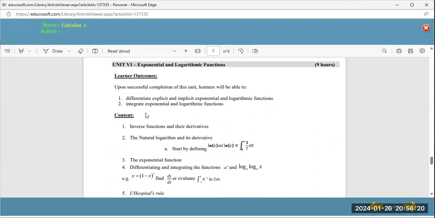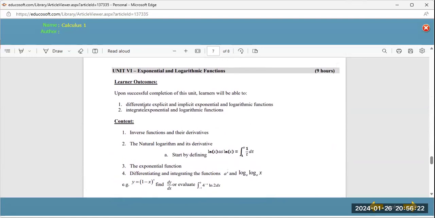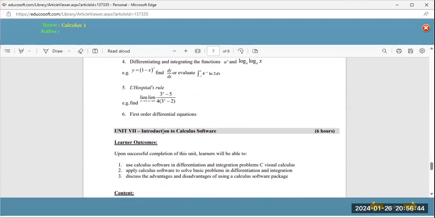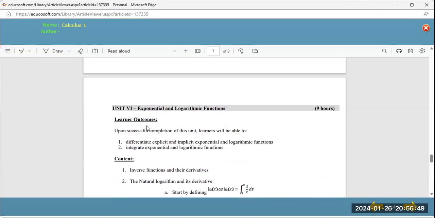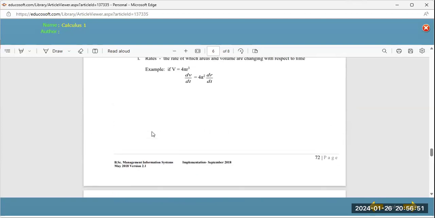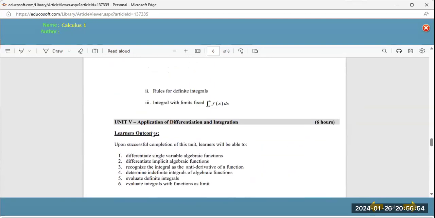But chances are, when I am doing differentiation and integration, because it says here differentiate explicit and implicit exponential and logarithmic functions, I may do this in my differentiation up top, and integrate exponential and logarithmic functions in my integration up top. So I don't have to come back to it down here. And then, of course, I'll introduce L'Hopital's rule. So there are technically 6, and if I substitute that in, I can condense it to 5. So yes, we can finish it.